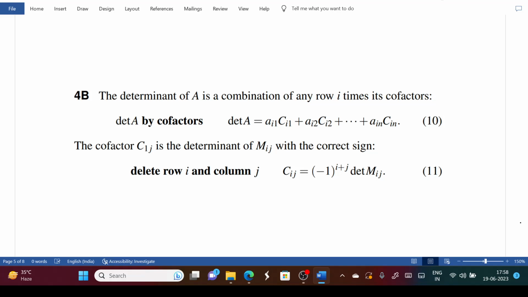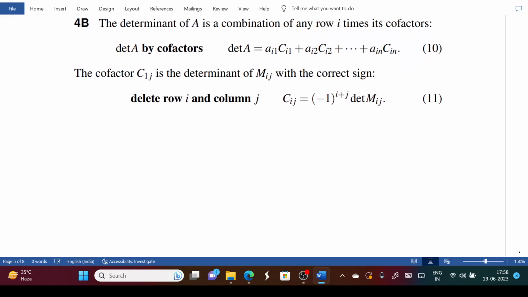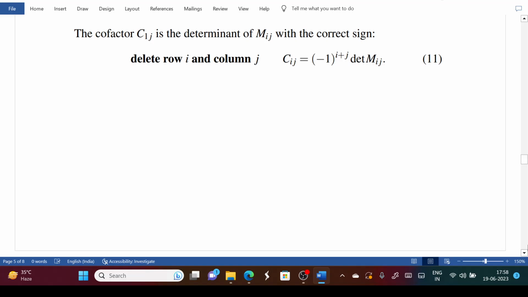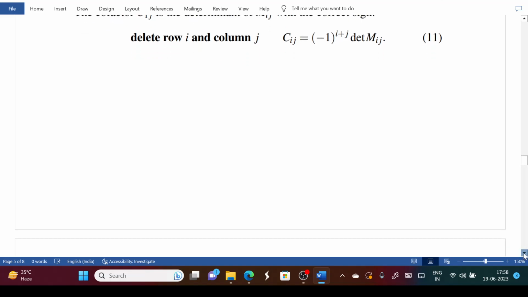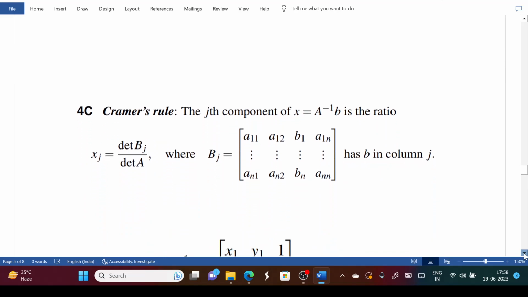Likewise, every element and its cofactor, their sum will give us the determinant. Also, cofactor is equal to minor into minus 1 to the power i plus j. Minor is the value of the determinant in which the ith row jth element is being eliminated or taken out from the given matrix.